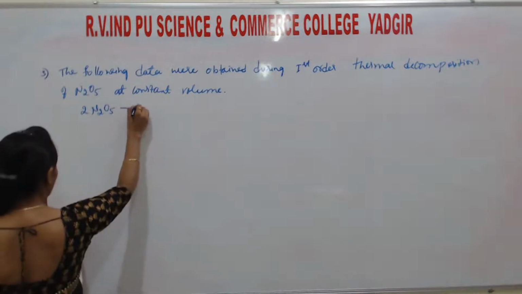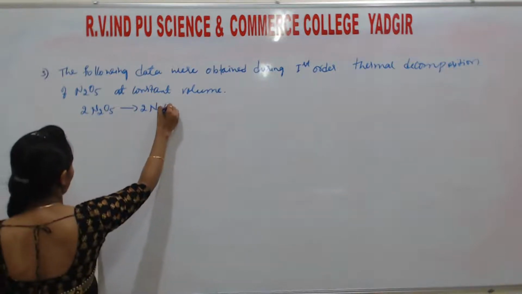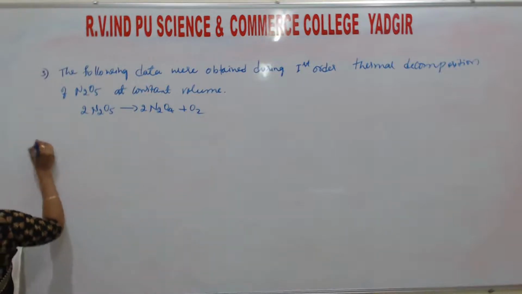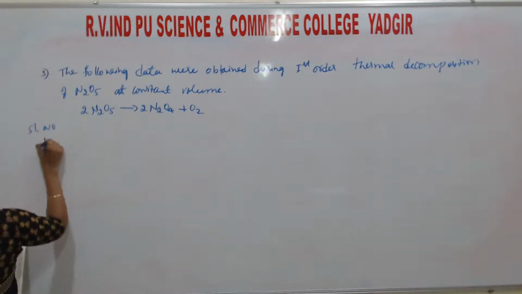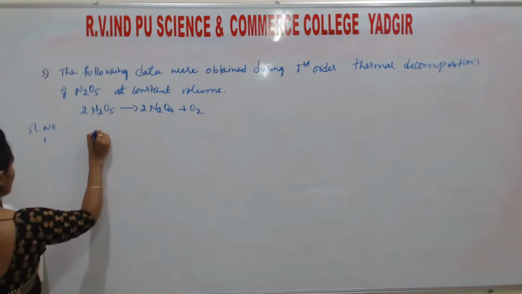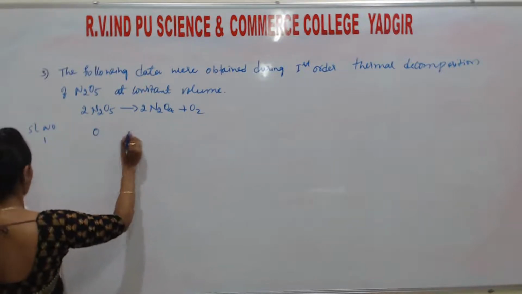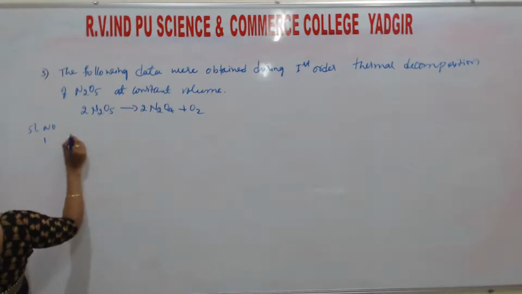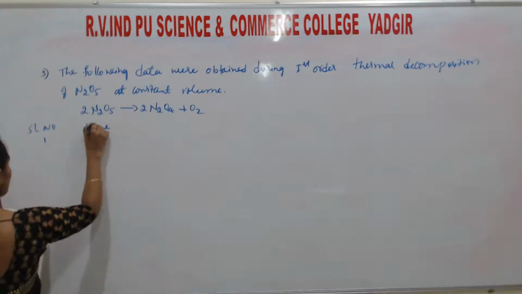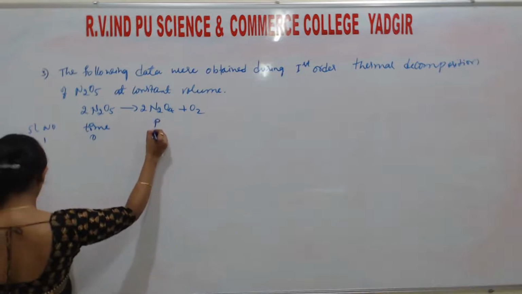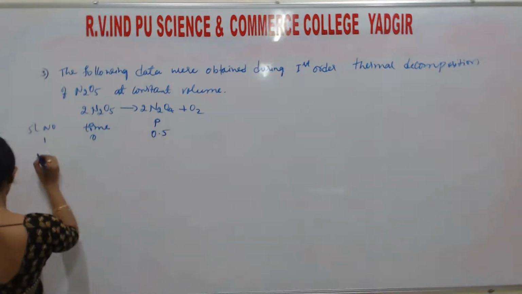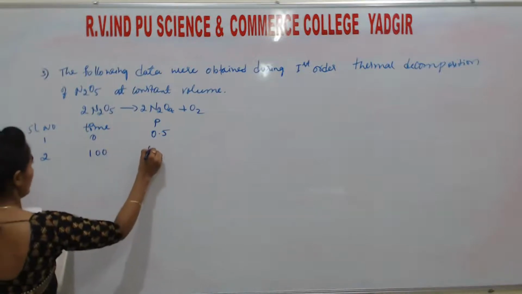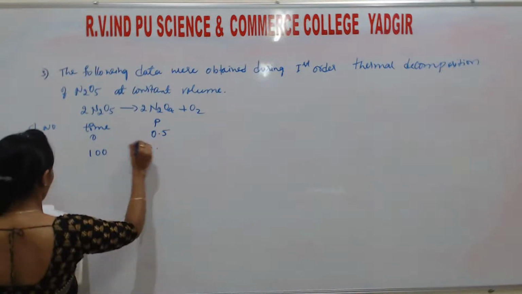2N2O5 gives rise to 2N2O4 plus O2. So initial data is when time is 0, total pressure is 0.5. When time is 100, then this is 0.512.